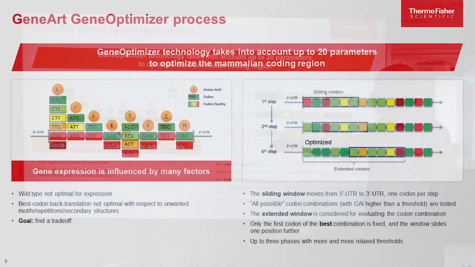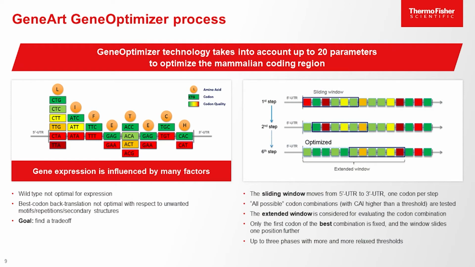And so what our software does, we use a sliding window where we can optimize a particular codon at a particular site, but then also look at what's going on around that site and come up with more or less an optimal set of codons that give us the best expression within the system.